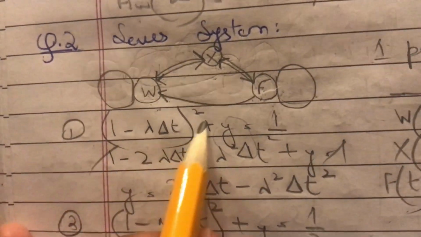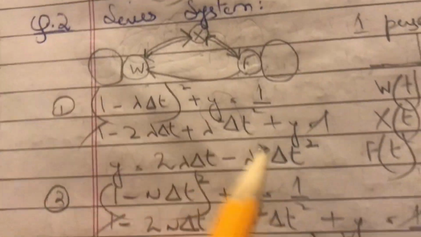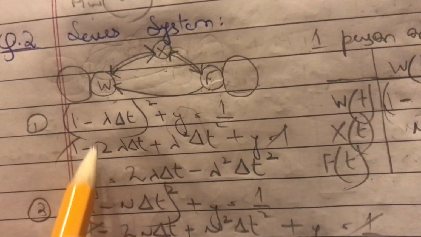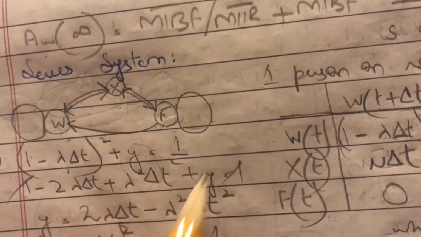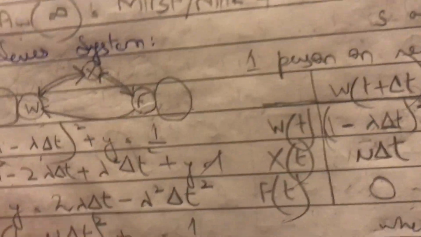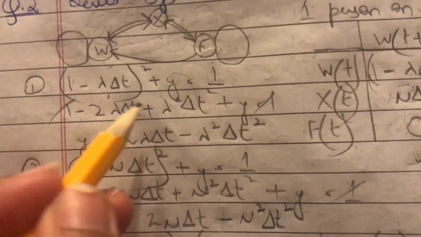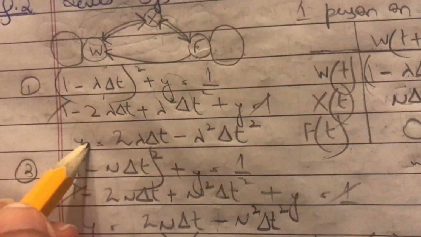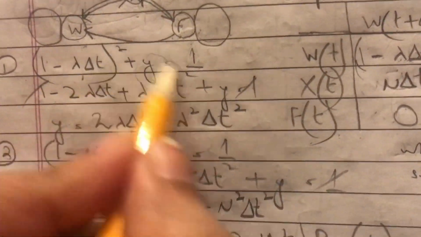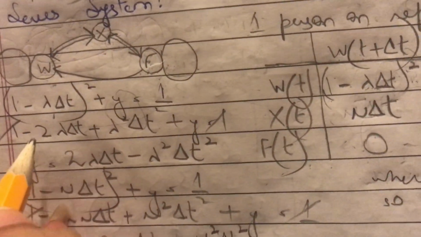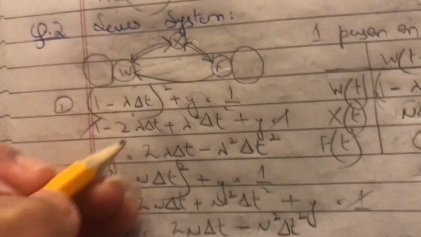Now we open the whole square. So 1 times 1 is 1, minus 2 lambda delta t plus lambda square delta t square, plus y equals 1. This 1 and 1 cancel, and the remaining values move to the other side, and their signs obviously change.